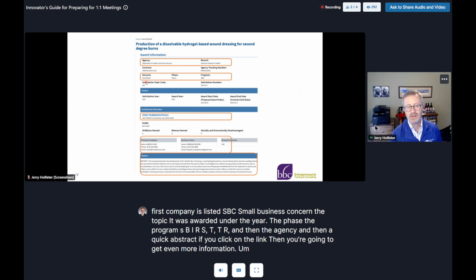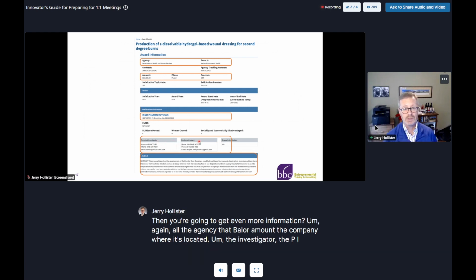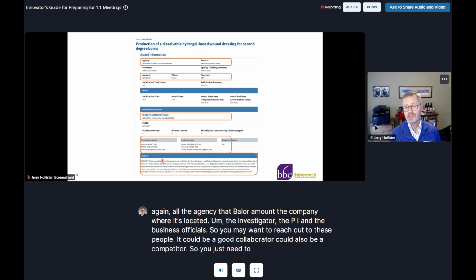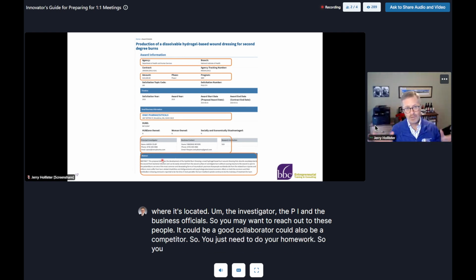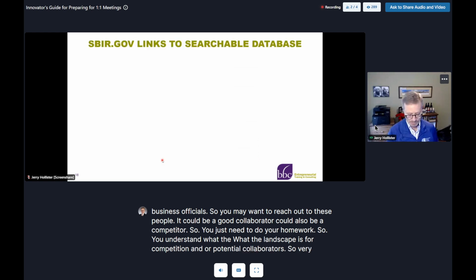Again, all the agency, the dollar amount, the company, where it's located, the investigator, the PI, and the business officials. So you may want to reach out to these people. It could be a good collaborator, it could also be a competitor. So you just need to do your homework so you understand what the landscape is for competition and or potential collaborators. So very important to do that.